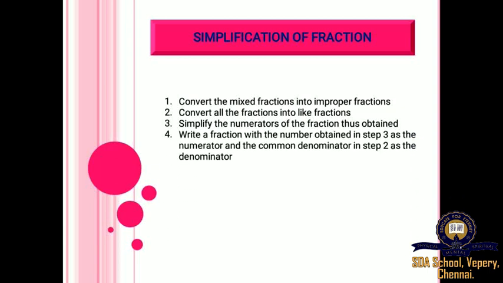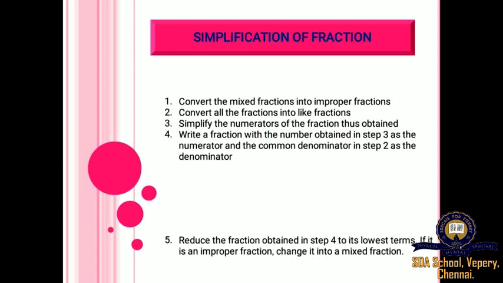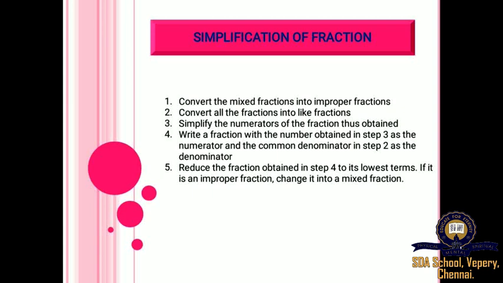And fourth step, write a fraction with the number obtained in step 3 as the numerator and the common denominator in step 2 as the denominator. And step 5, reduce the fraction obtained in step 4 to its lowest terms. If it is an improper fraction, change it into a mixed fraction.